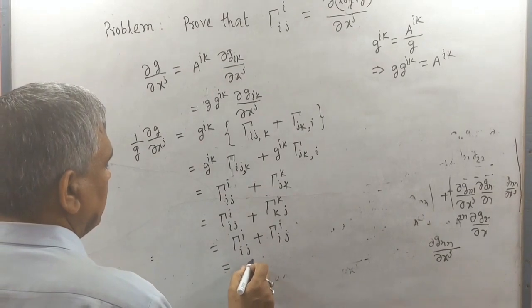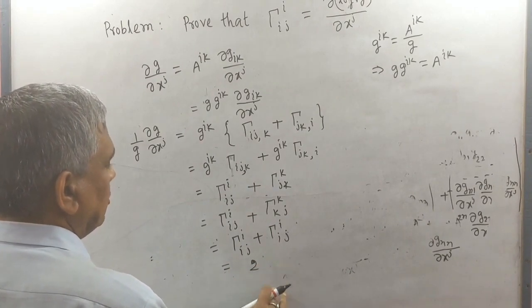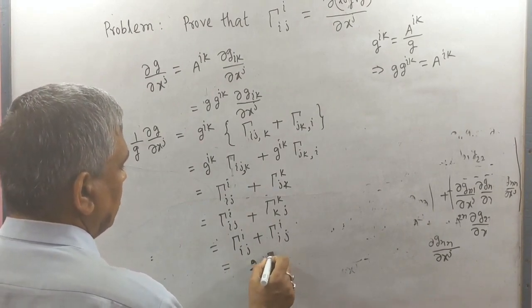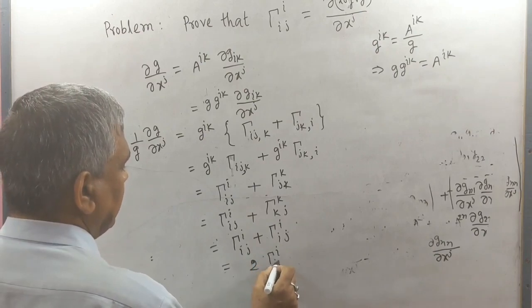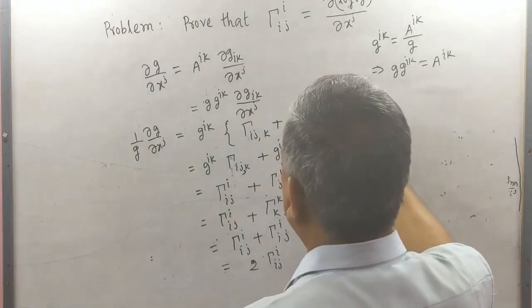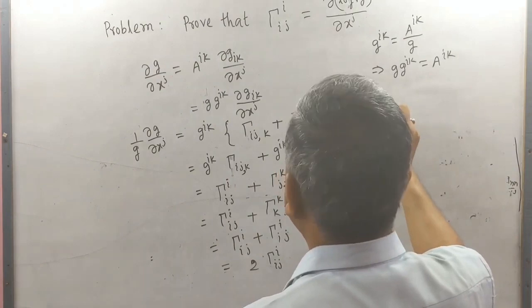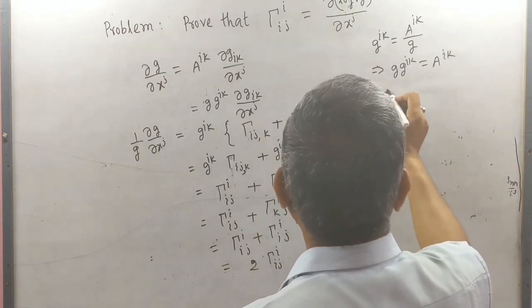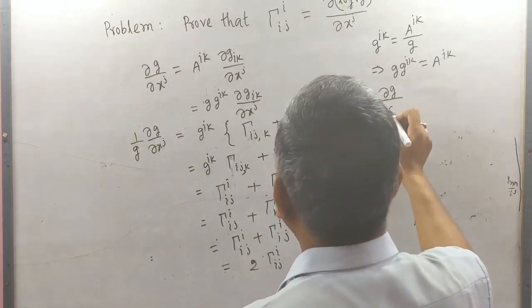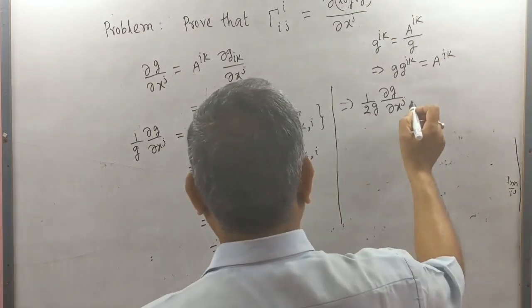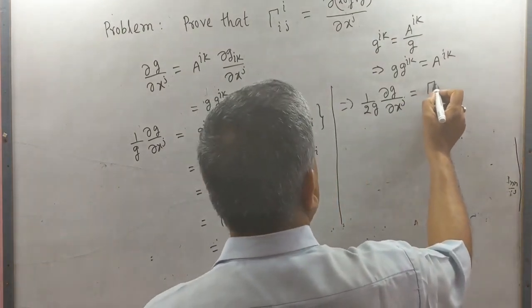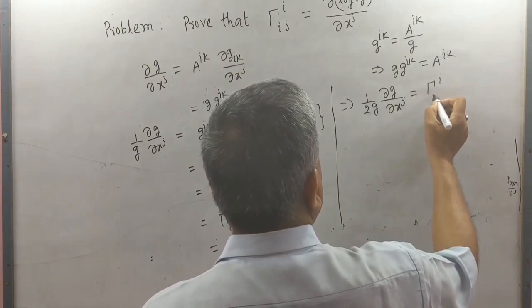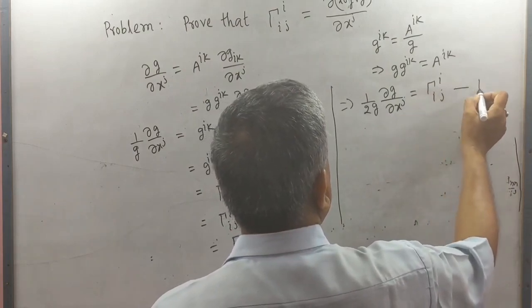So this is 2 times the Christoffel symbol of the second kind {i,ij}, which implies that 1 by 2g del g by del xj equal to the Christoffel symbol of the second kind. Let this be number 1.